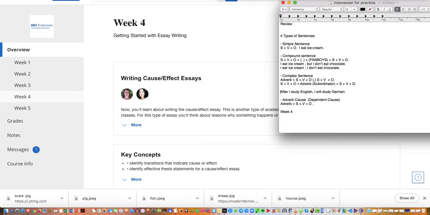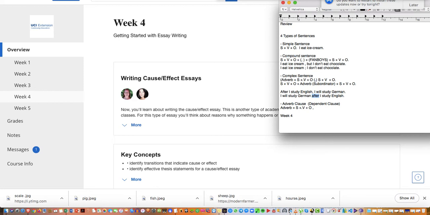There are two ways of writing that also. If you write it with the subordinative conjunction at the front, you're supposed to put a comma here: After I study English, I will study German. But if you write I will study German after I study English, there is no comma, because you bring the subordinative conjunction over here.